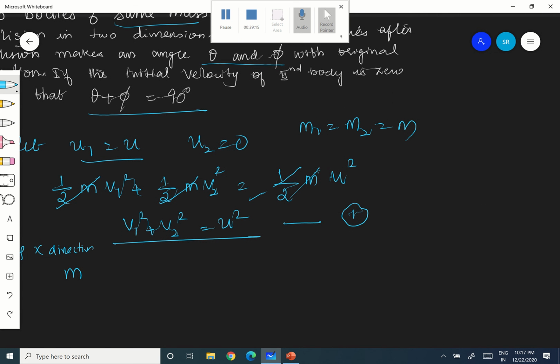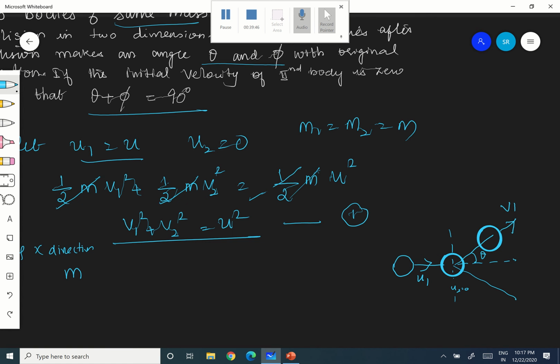Two bodies of same mass are moving in the same direction. Initially it is u1 and u2 is equal to 0. Then after collision, the first body is moving with a velocity v1, making an angle theta with the initial direction.